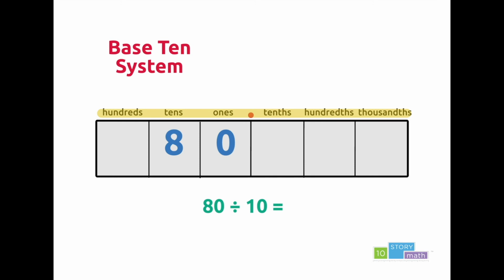Perhaps this is a math fact you've known for some time, but I want you to think about it like picking up the digits on the place value chart and shifting them one place to the right when we divide by 10. 80 divided by 10 equals 8 ones, or 8.